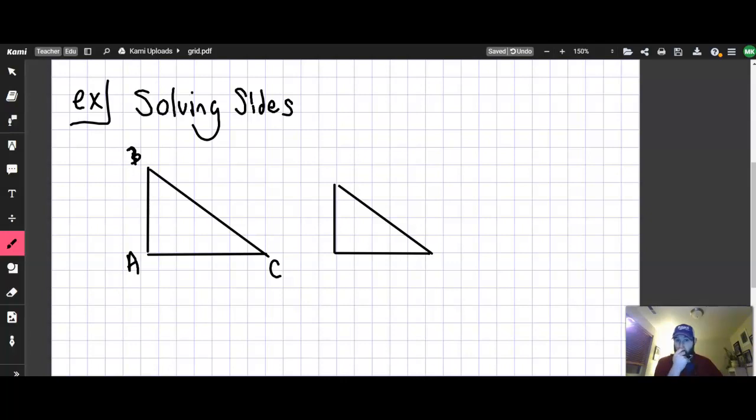Because remember, correspondence just means that they match. And so, if I say that triangle ABC is similar to triangle DEF, well, what matches corresponds? A matches with D, B with E, and C with F.